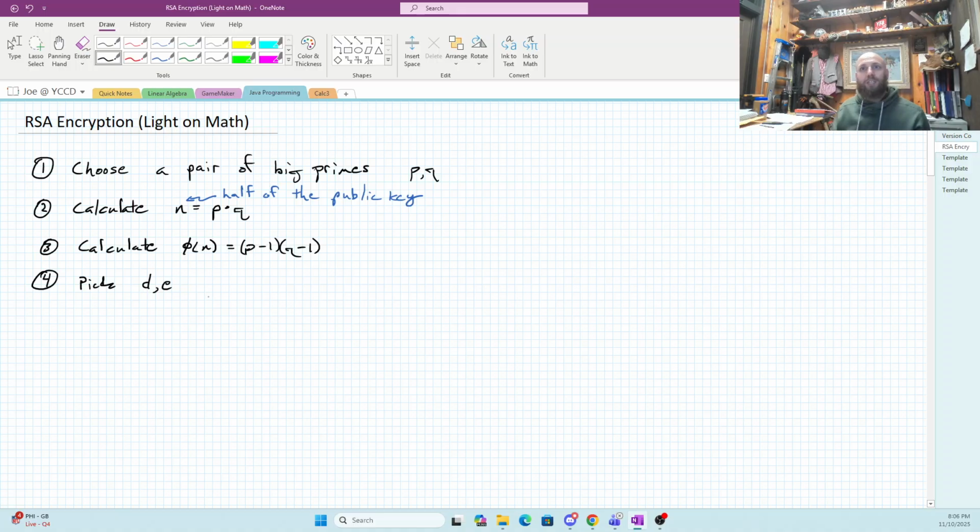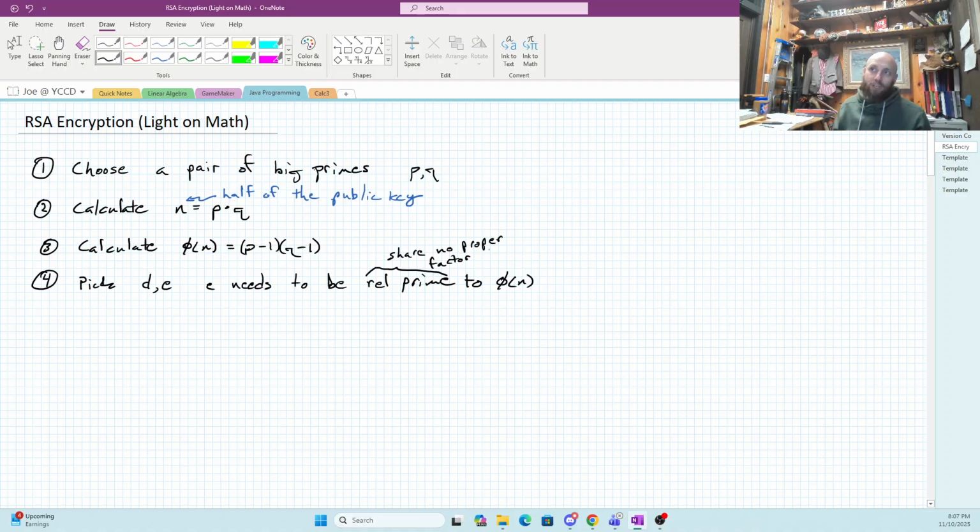E needs to be relatively prime to our totient of N. Relatively prime means they need to share no factors, or at least no proper factors.